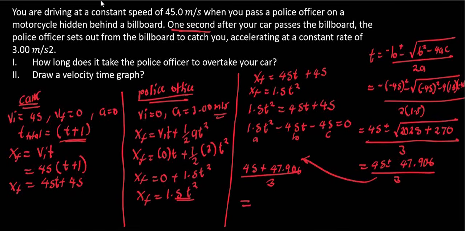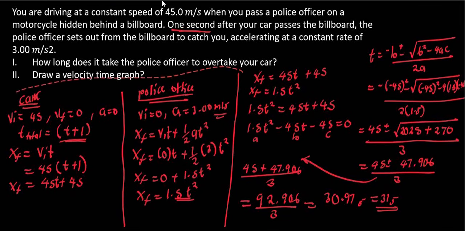So when I add, it gives 92.906 divided by 3. The answer is 30.97 seconds, which is just about 31 seconds. So the police officer managed to overtake your car at 31 seconds. That's what it means there. Okay.